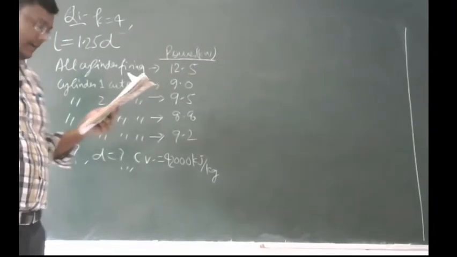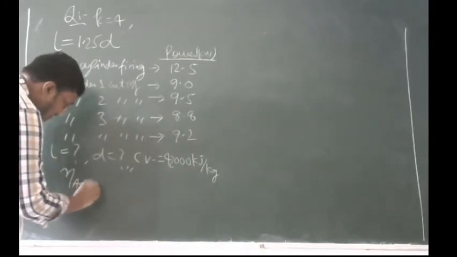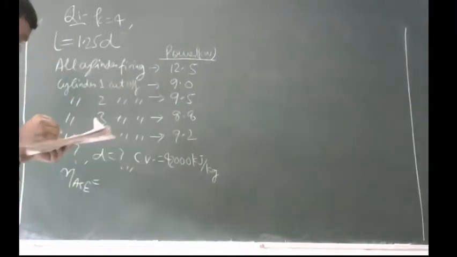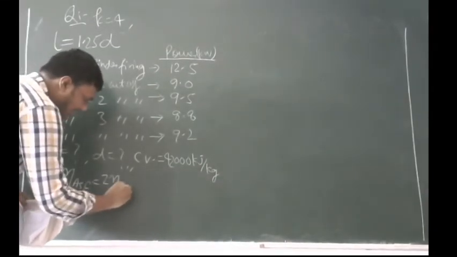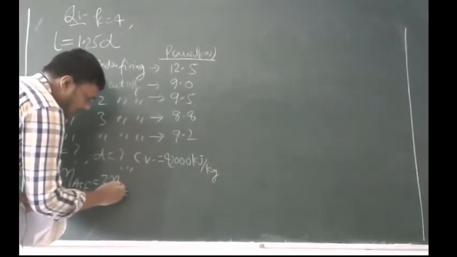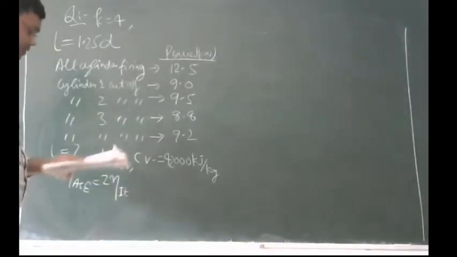Eta air standard, this is the question, eta air standard efficiency is equal to 2 times eta indicated thermal efficiency.